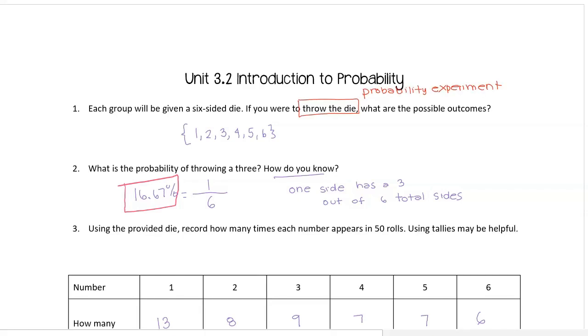When it asks for all the possible outcomes, this is our sample space. Throwing a 3 is an event. When we found that the probability of getting a 3 is 1/6, this is called the theoretical probability.